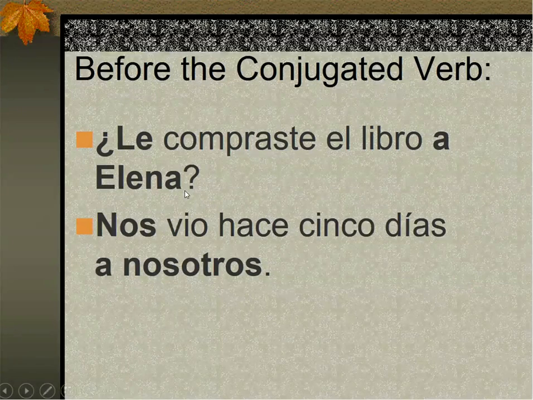Who is receiving it. Nos vio hace 5 días, a nosotros. He saw us 5 days ago. And although I have nos here, I can also place a nosotros at the end. No problem at all. In Spanish, that is very, very common and correct.